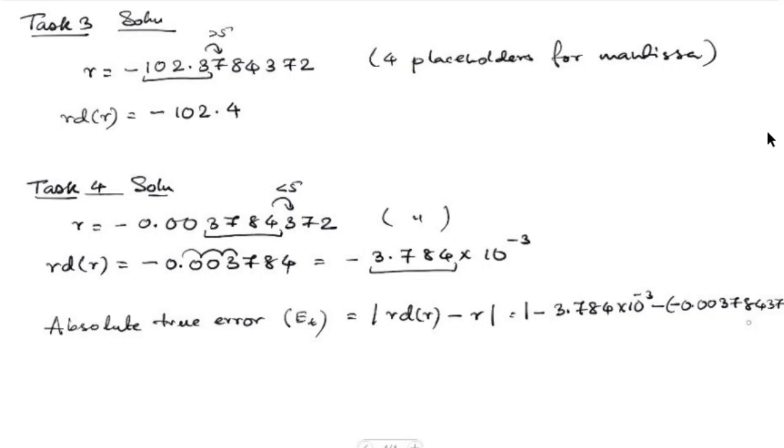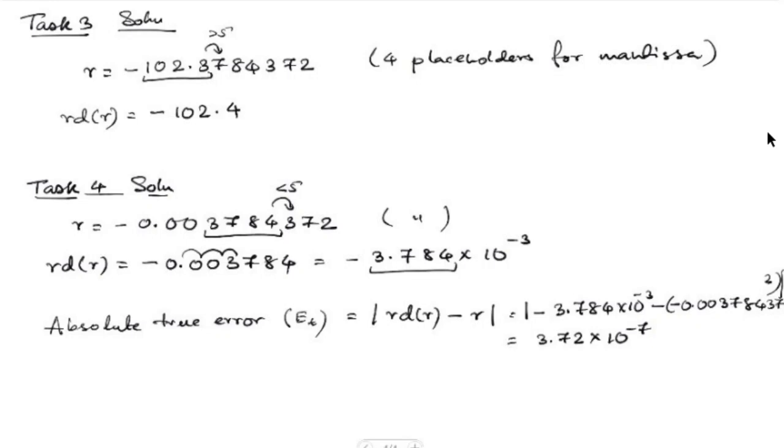Okay, I cannot write that there, so here's the above. And we take the absolute value of this, which gives us the value 3.72 times 10 to the power minus 7.